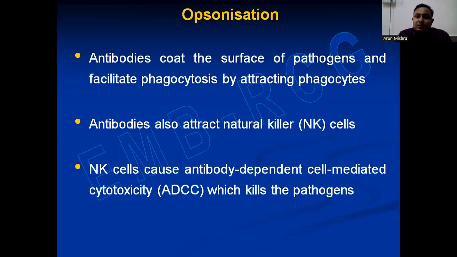Antibodies coat the surface of the pathogen and facilitate phagocytosis by attracting phagocytes. This is known as opsonization. Antibodies also attract natural killer cells or NK cells. The NK cell causes antibody-dependent cell-mediated cytotoxicity, known as ADCC, which kills the pathogen.